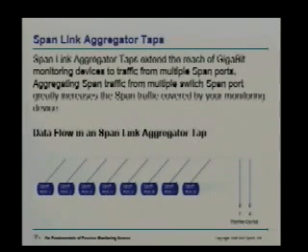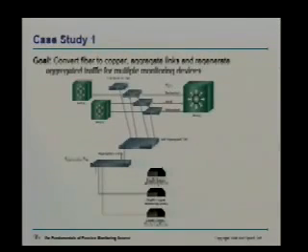However, there are additional uses for link aggregation taps out there. And this is a great case study that I wanted to share with you, because this is exactly what I worked with this customer on.